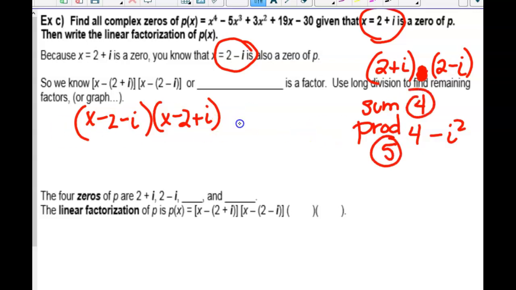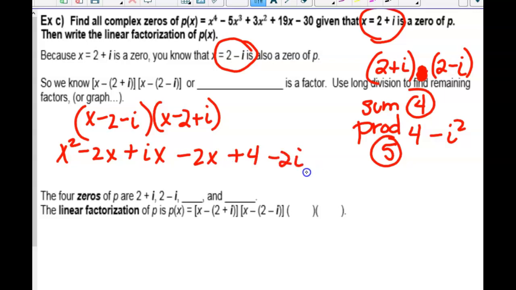So if I FOILed all that together, and I can do it real fast for you, x squared minus 2x plus ix minus 2x plus 4 minus 2i minus ix plus 2i minus i squared, okay?